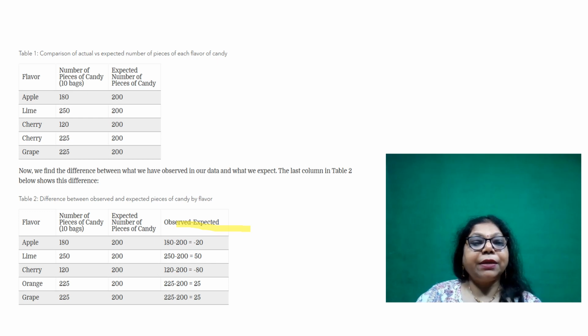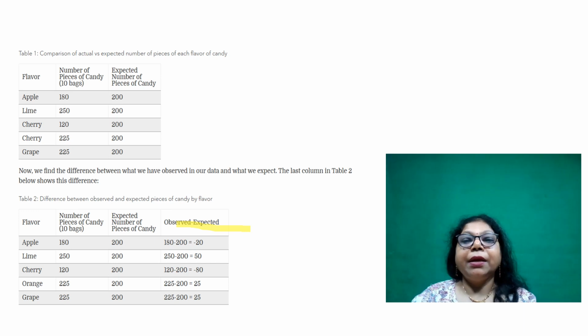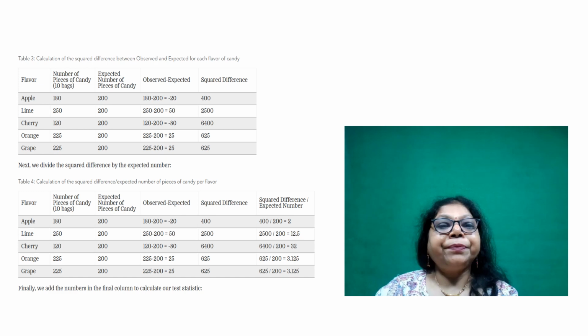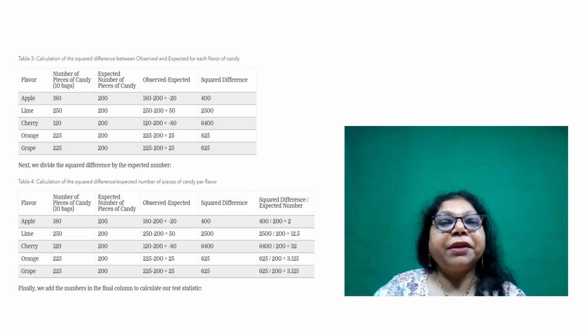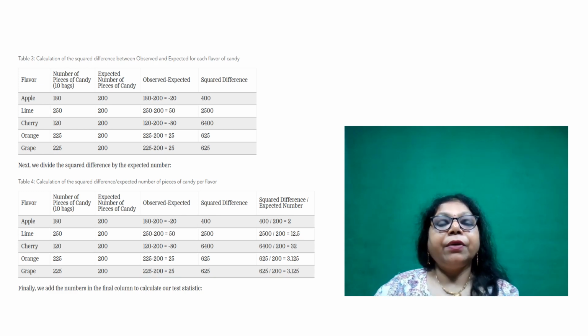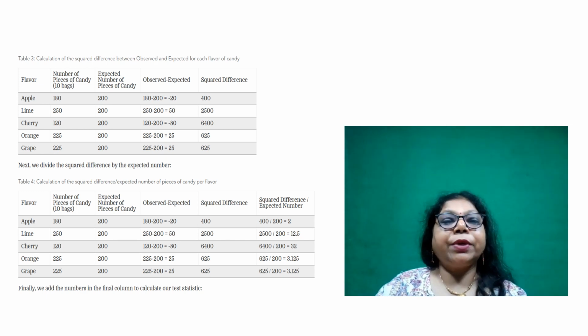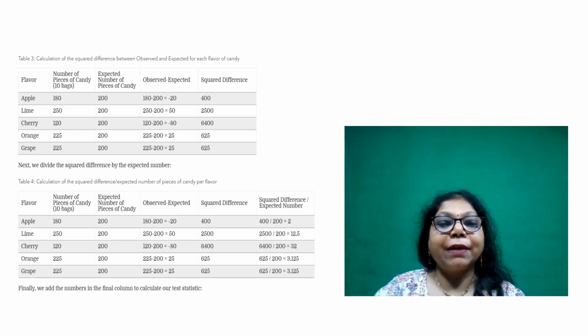Likewise, we calculate the rest. Then we square the differences. So minus 20 squared becomes 400, 50 squared becomes 2500, and likewise for the others.